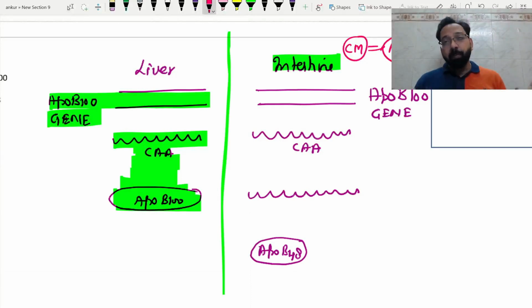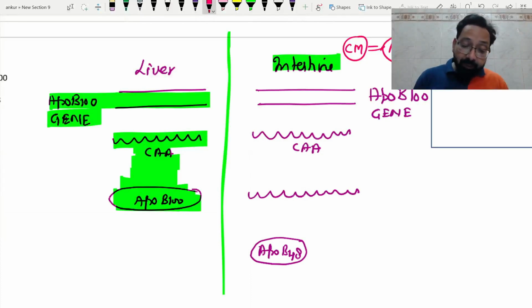We searched a lot but could not find a gene for ApoB48. Suppose I take cells of liver and intestine of the same person, their genome would be the same. The liver cell has the ApoB100 gene, the intestinal cell must have the ApoB100 gene, but there was no separate gene for ApoB48.